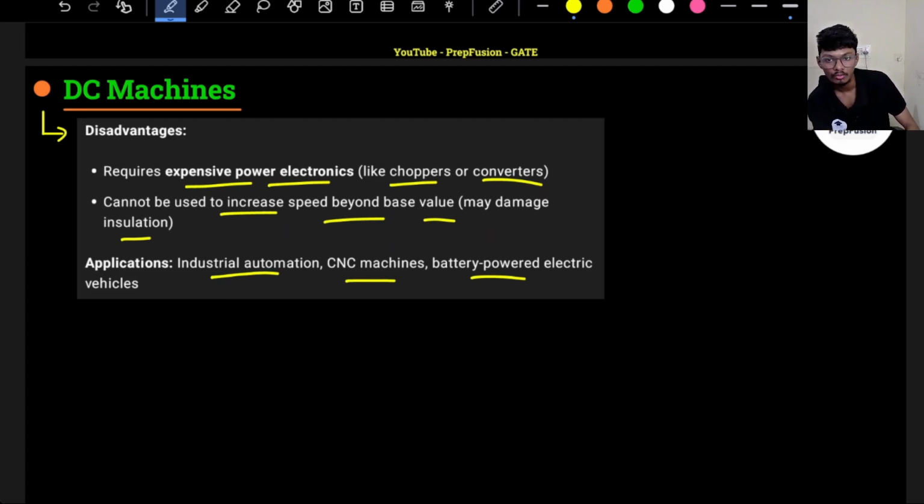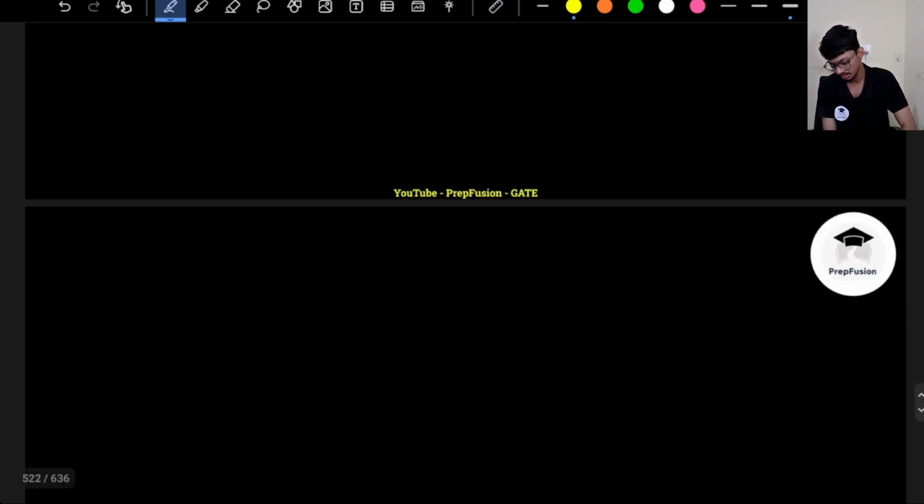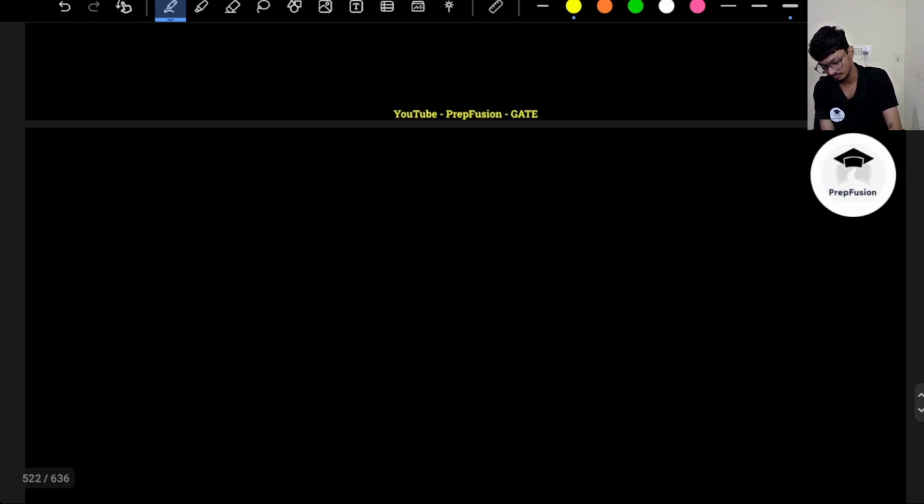Okay, so now let's discuss the torque speed characteristics.